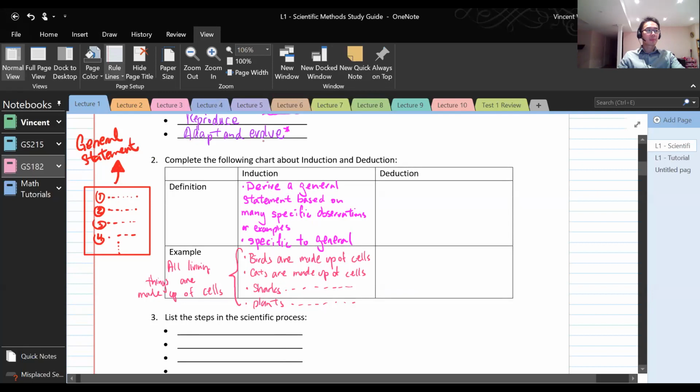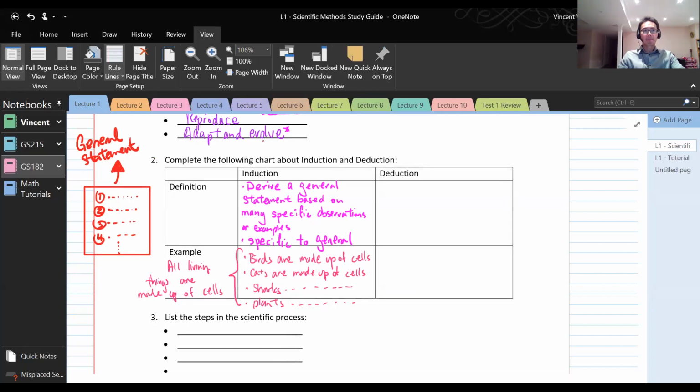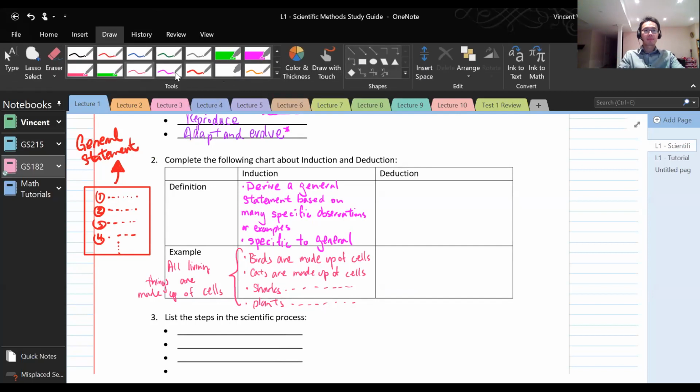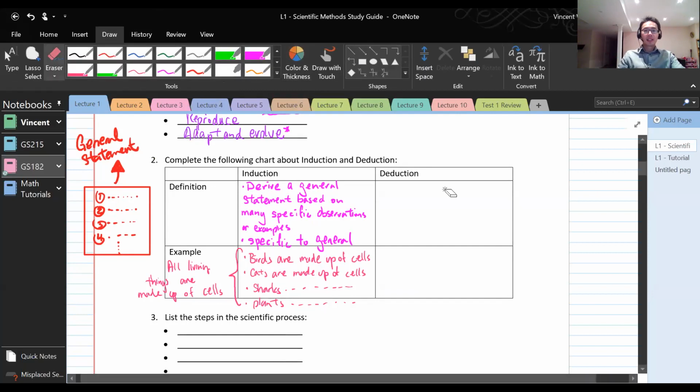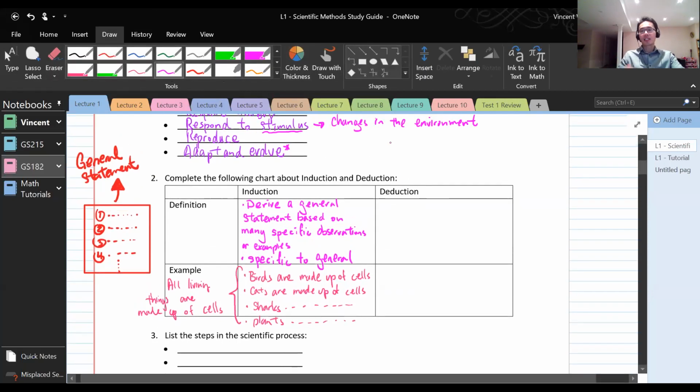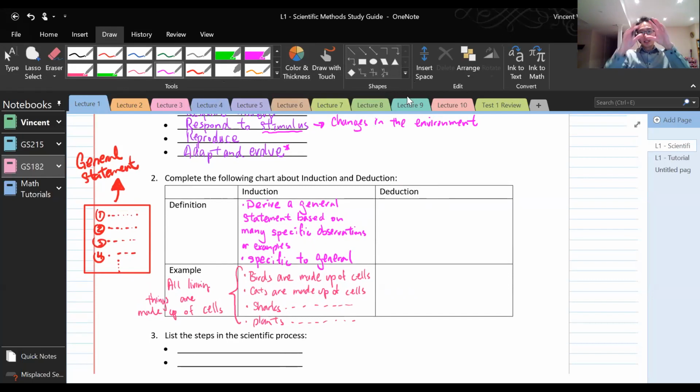Any questions? On the other hand, deduction, or deductive reasoning, starts with some kind of general statement, some kind of general premise, and you use that to apply it to specific cases to make a prediction sometimes.